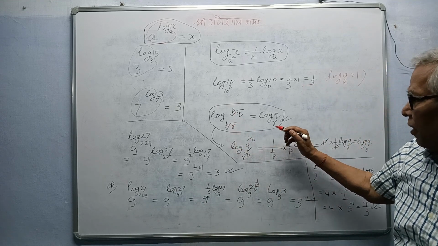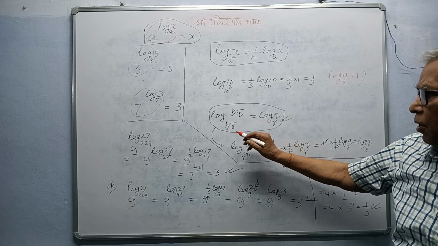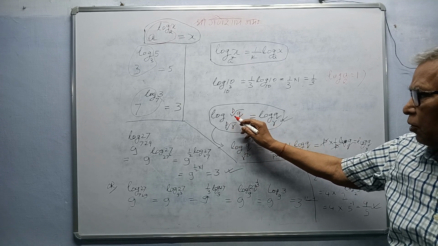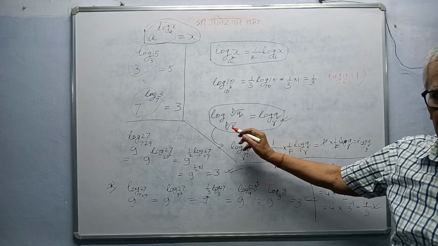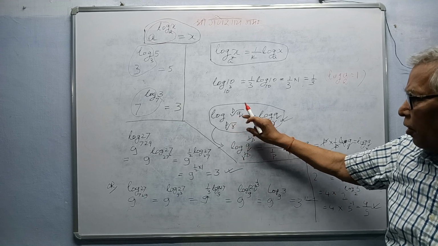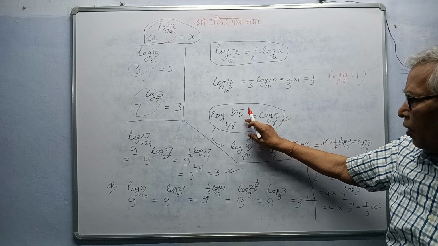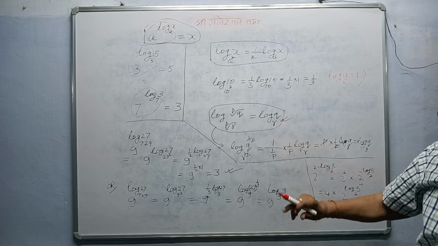Log of pth root of q divided by pth root of r, both are pth roots, q and r both, is equal to log, both pth roots go out, so log q to the base r. How?